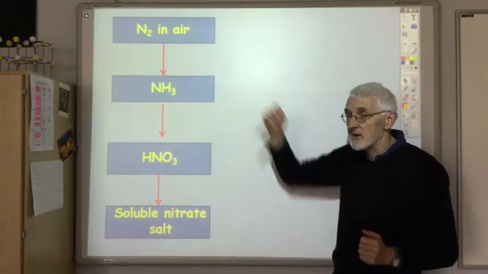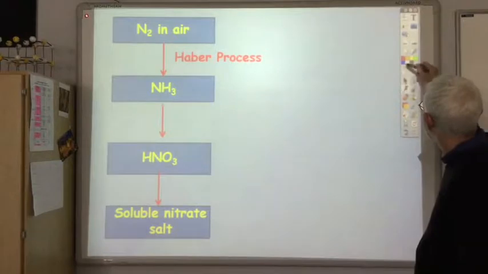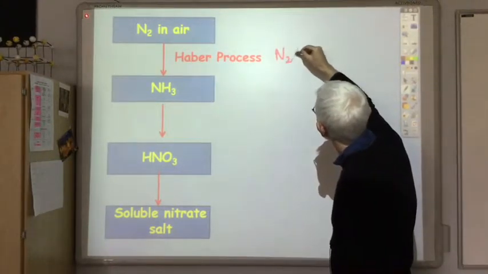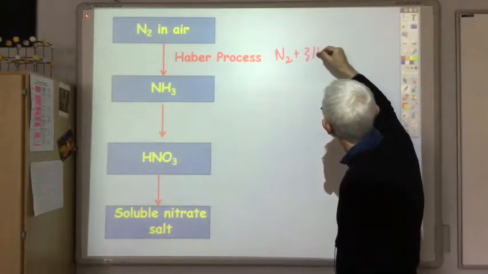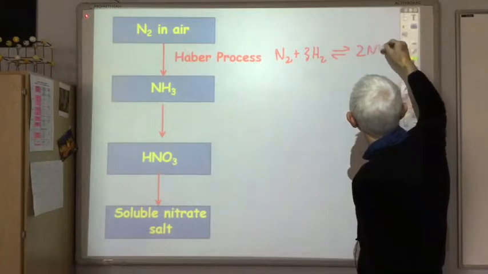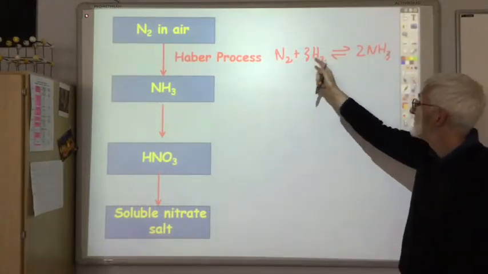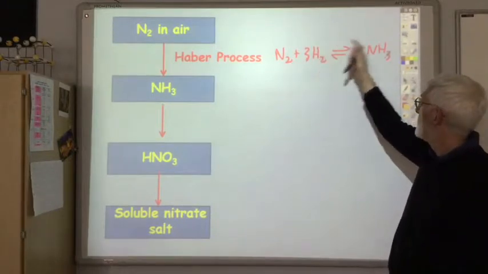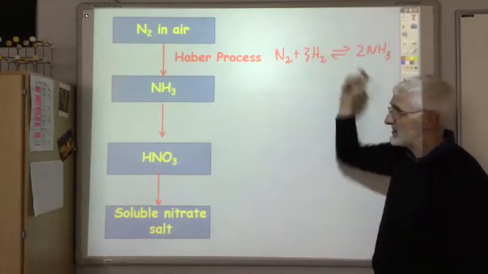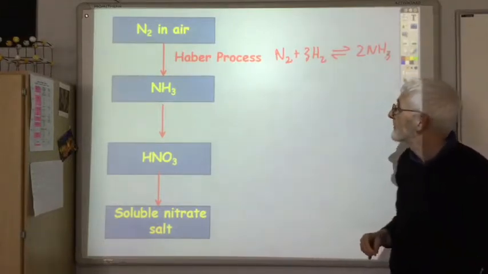So in the first step we turn it into ammonia, and we do this by the Haber process, and this involves the nitrogen in the air reacting with hydrogen gas to produce ammonia. Note that it's a reversible reaction, so as the nitrogen and hydrogen combine to make ammonia, at the same time the ammonia is breaking down to give you nitrogen and hydrogen, and this is just an example of what we call a reversible reaction.